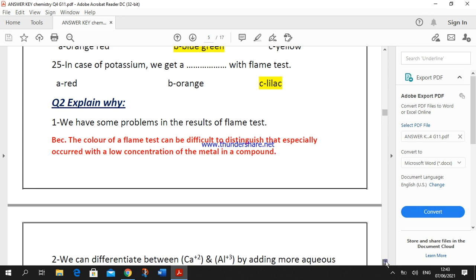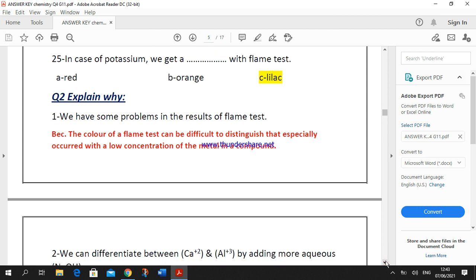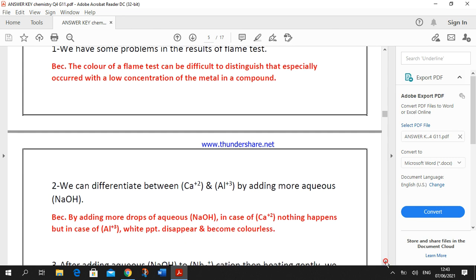Question 2, explain why, or write the reason. We have some problems with the results of the flame test because the color of the flame can be difficult to distinguish, especially with a low concentration of the metal in the compound.